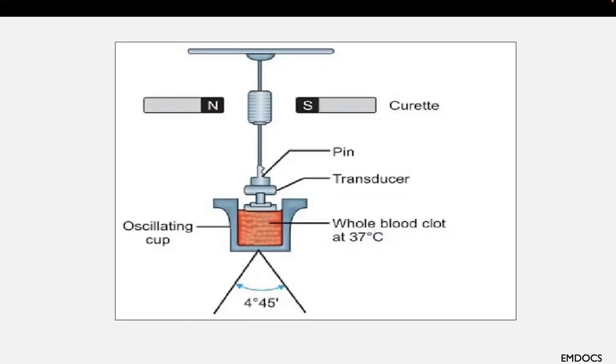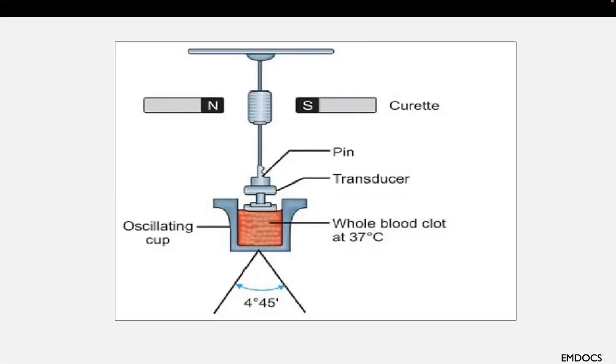You need to pour it into a blue tube, and you see it needs to be at the level of the marker. Also make sure that the cartridge of the TEG is not expired, because it really won't work. So this cup will then hold the whole blood and will oscillate to and fro every 10 seconds.